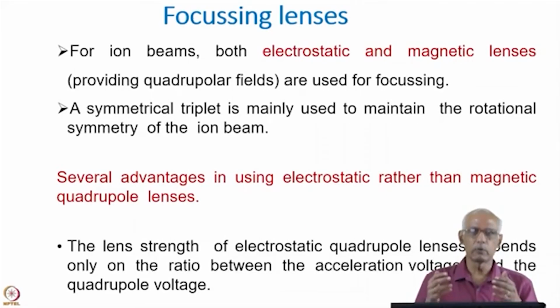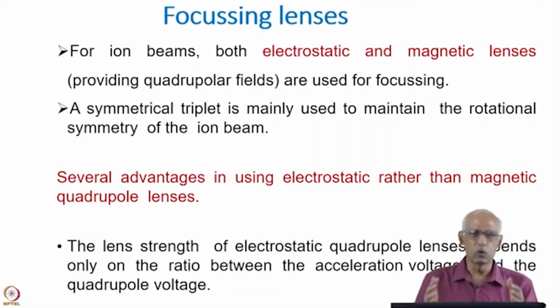Or if you want to have the symmetry of the beam, total rotational symmetry, then it is required to use a triplet rather than a doublet. And you will see that these quadrupoles are useful for both low as well as high energies.